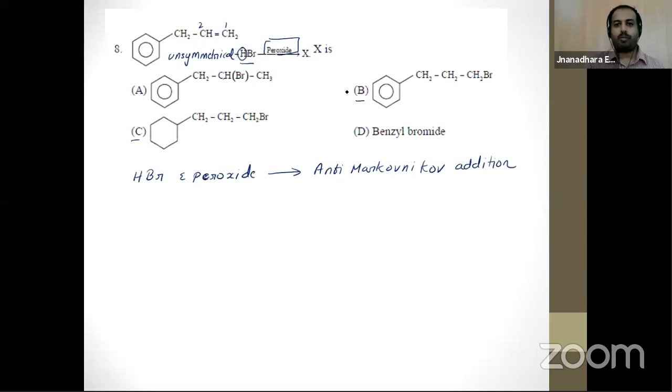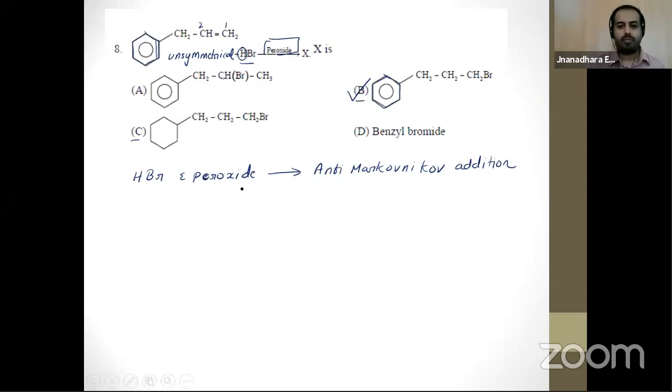But why would we go for B? Because the reactant has a benzene ring, and that benzene ring must be unaffected in the course of the reaction. Benzene ring is intact and bromine is attached to the first carbon. That's the correct reason. So this is the solution for question number 8, anti-Markovnikov addition.